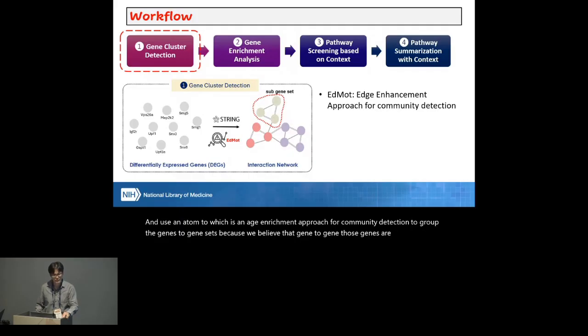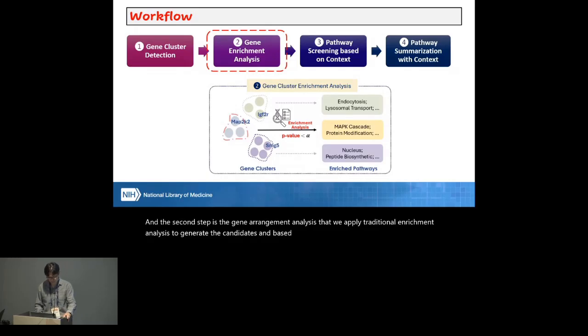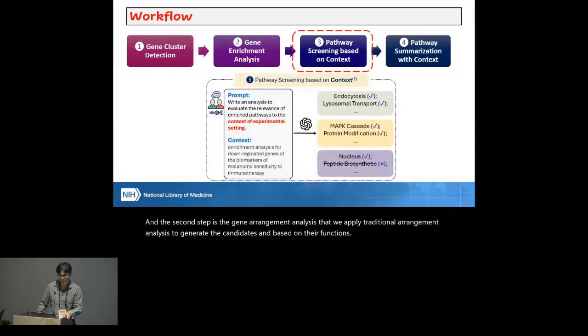The second step is gene enrichment analysis, in which we apply traditional enrichment analysis to generate candidates based on their functions. The third step is that we start to leverage the large language model with the contextual information.